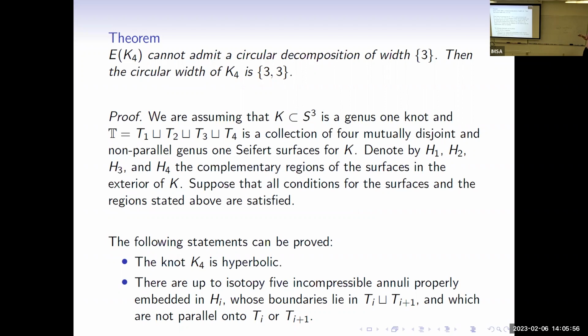So I want to sketch the proof. So before we have the four surface.